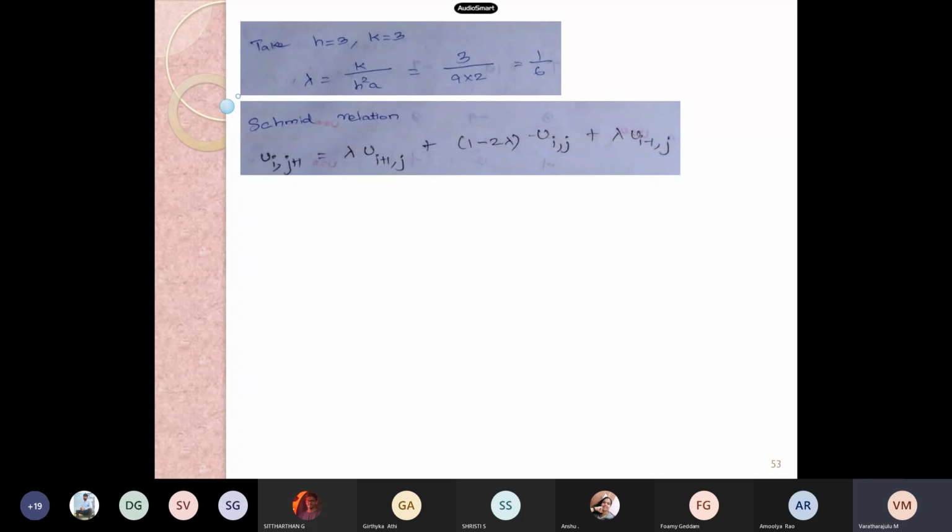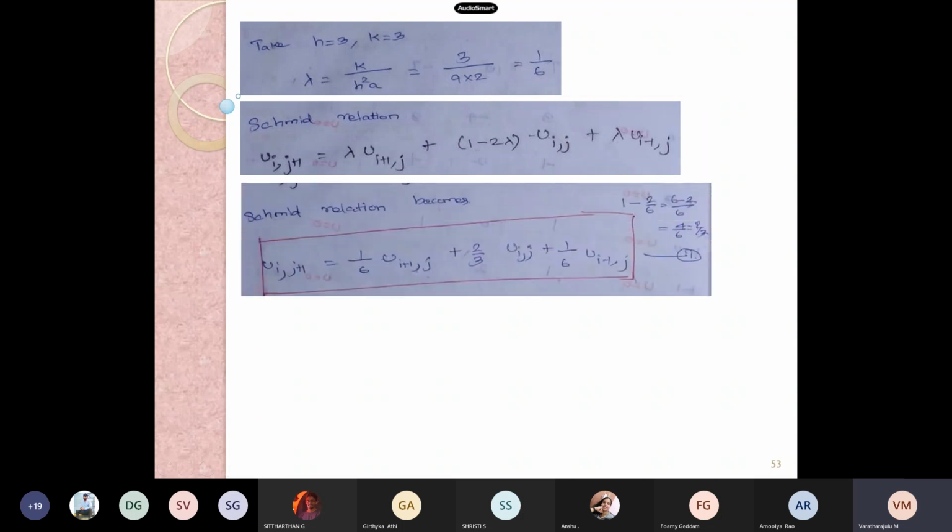This has to be fixed before calculating, because we are going to apply this lambda value in the mathematical model, that is the recurrence formula. So we need to find the lambda first, and then apply it in the Schmidt relation: lambda u(i+1, j+1) plus (1 minus 2 lambda) u(i, j) plus lambda u(i-1, j). Instead of lambda, we apply 1 by 6.